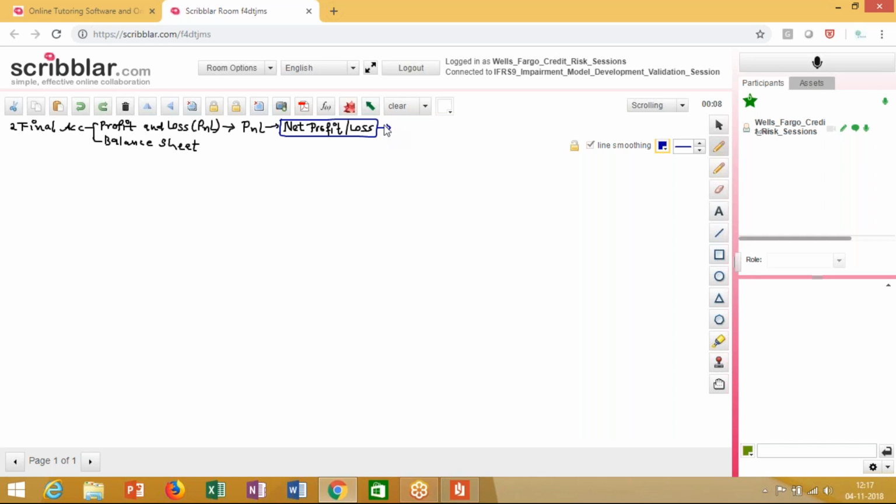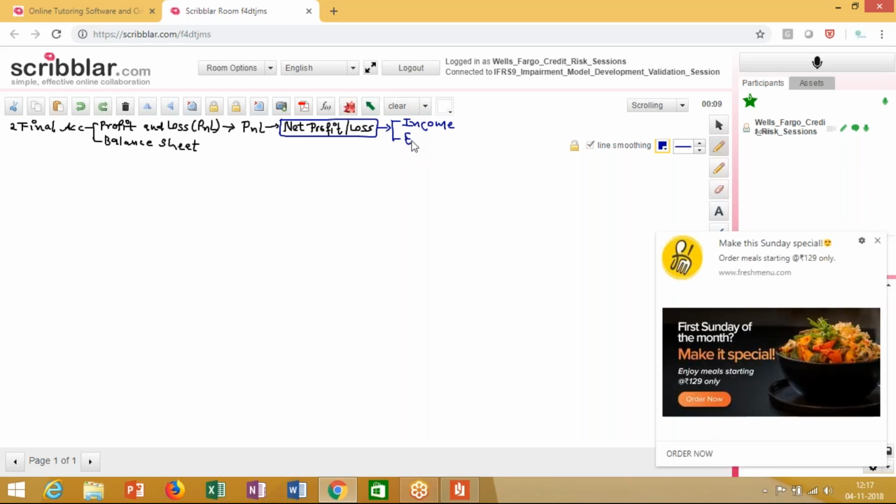Let's see where this net profit and loss comes from. It comes by weighing the income which the bank earns versus the expenditure that the bank makes.